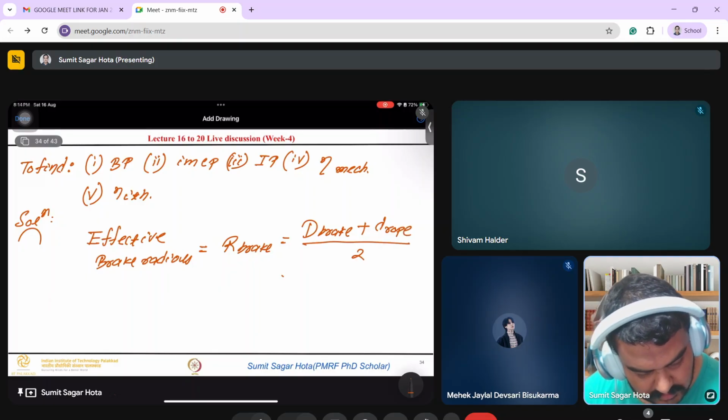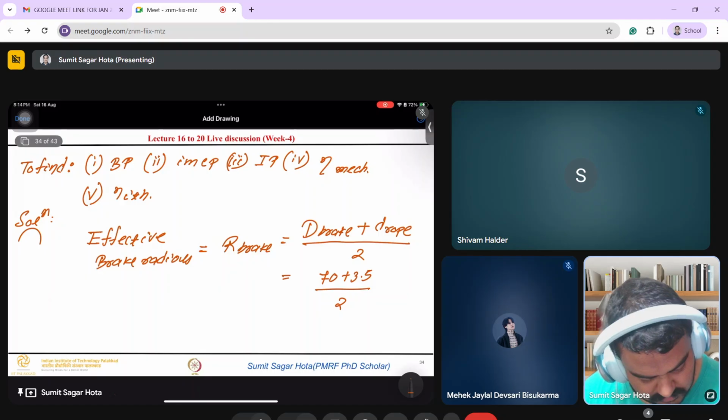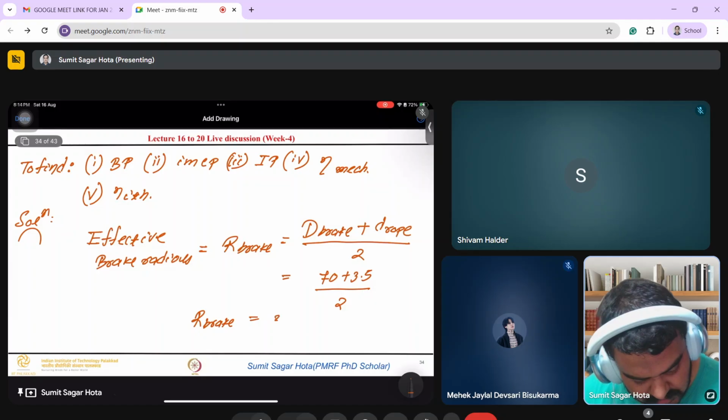We have 70 plus 3.5 divided by 2, which is 36.75 centimeter, equal to 0.3675 meter.